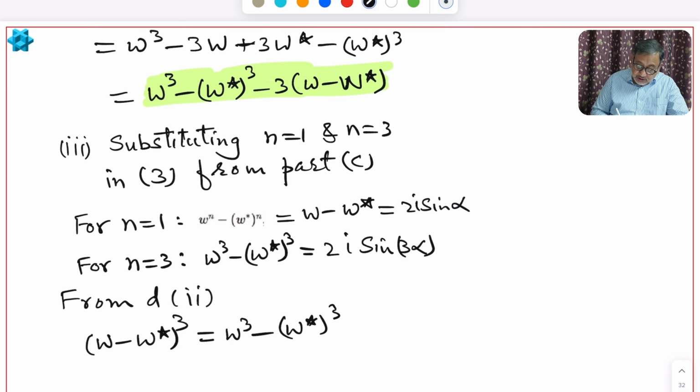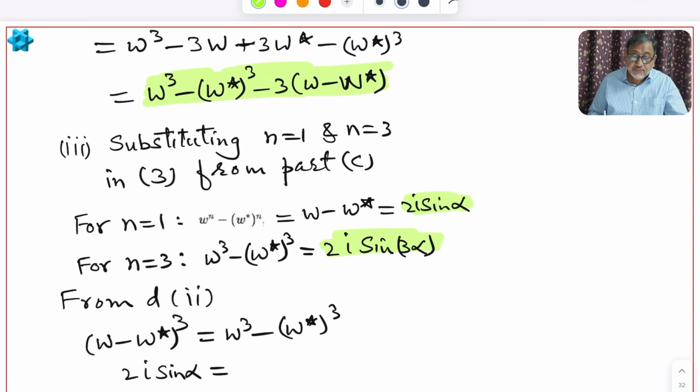We already have this result, so this is the result we will substitute. In place of this, 2i sin alpha is equal to w cube minus w conjugate cube, which is this result, 2i sin 3 alpha.